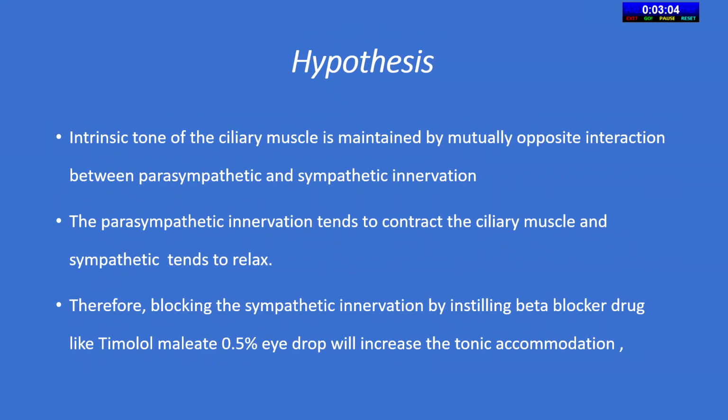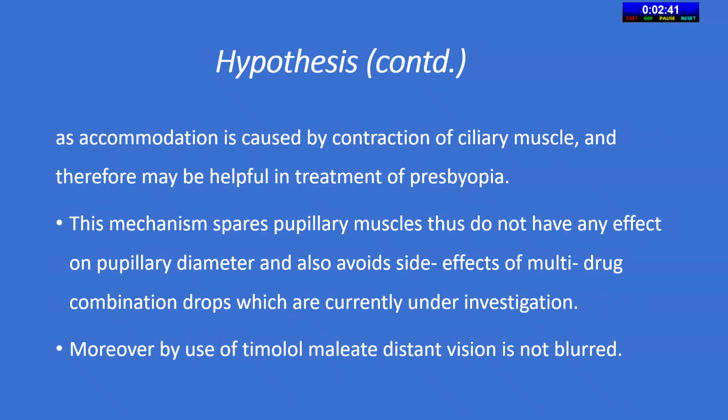Intrinsic tone of the ciliary muscle is maintained by mutually opposite interaction between parasympathetic and sympathetic. The parasympathetic tends to contract and the sympathetic tends to relax the ciliary muscle. Therefore, blocking the sympathetic innervation by instilling a beta blocker drug like timolol maleate 0.5% eye drop will increase the tonic accommodation and therefore may be helpful in treatment of presbyopia.